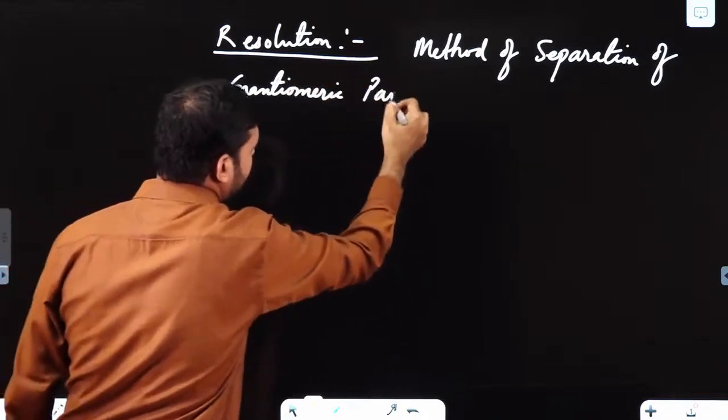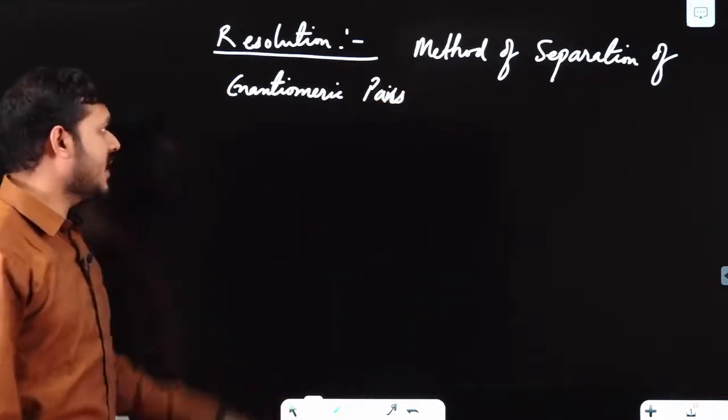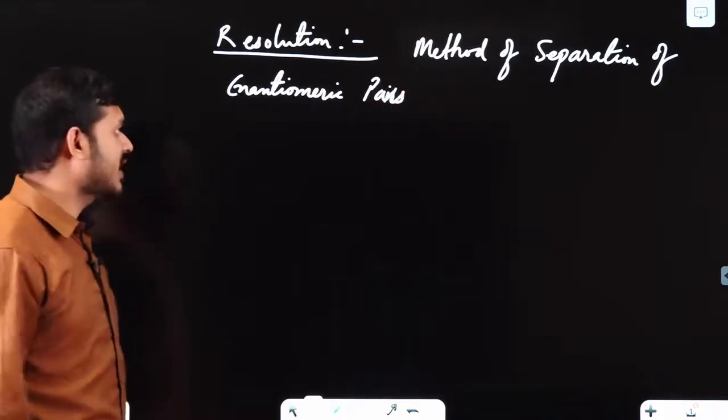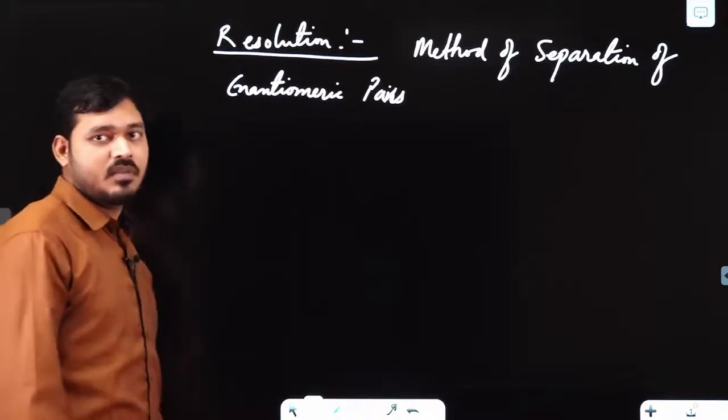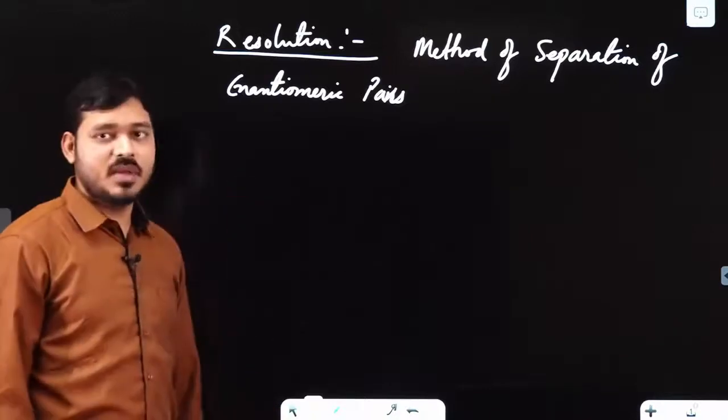Method of separation of enantiomeric pairs, or simply you can say racemic mixture. Okay, means 50% of one form and 50% of another form. So resolution will be used.